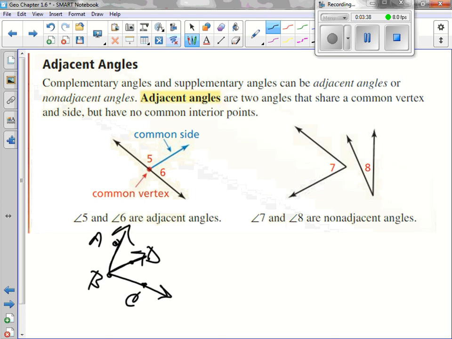Share a common vertex and a common side, but no common interior points.